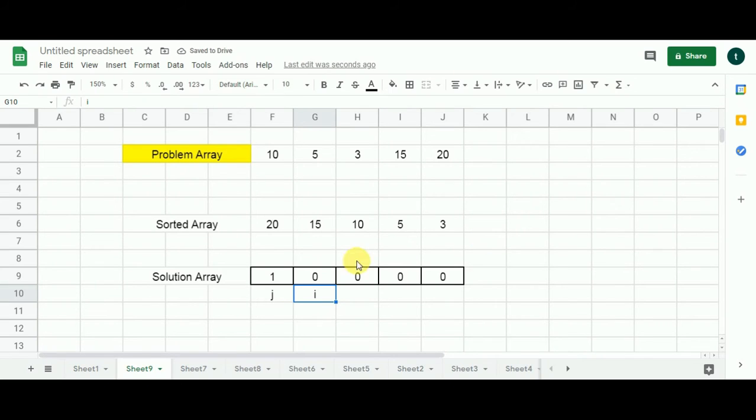Now one thing you have to remember is that i is going to move towards the right and j is going to move away from i, because we will be moving from smaller to larger integers, and the larger integers are on the left. So we calculate the value of this cell now. i represents 15 and j represents 20. So is 20 divisible by 15?